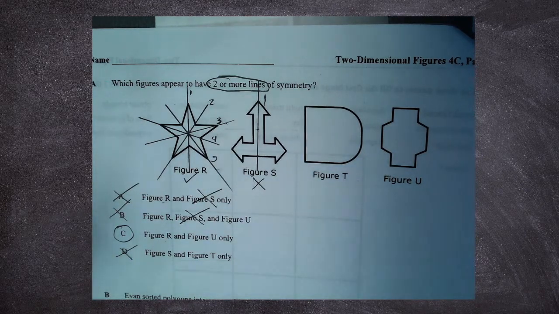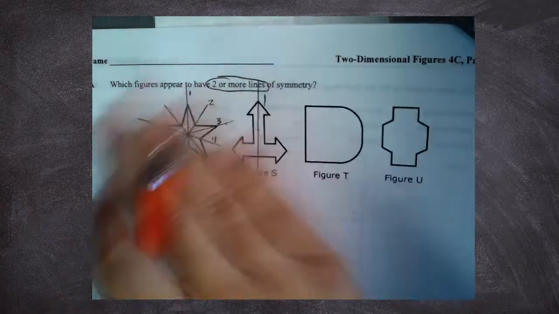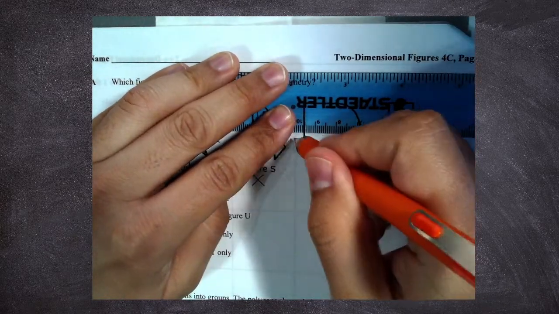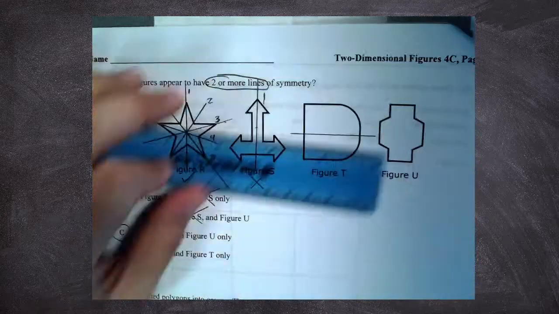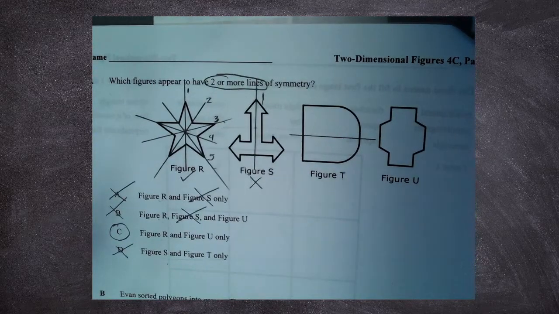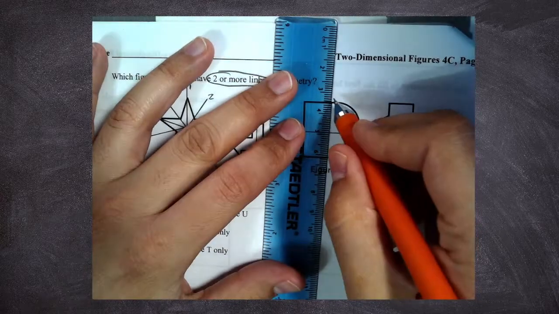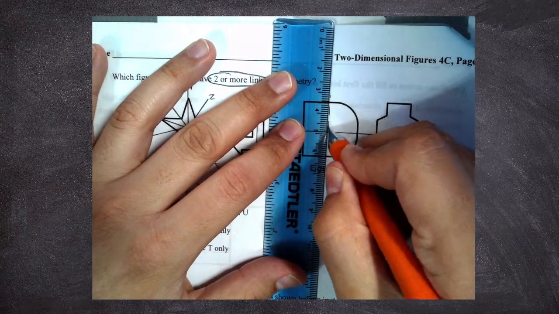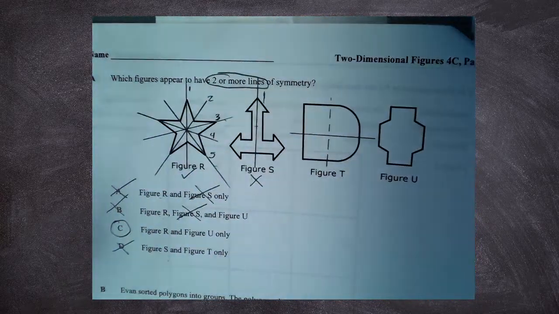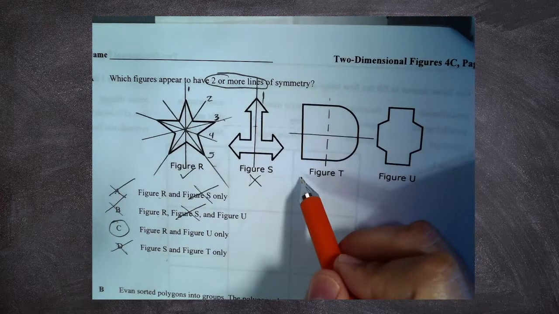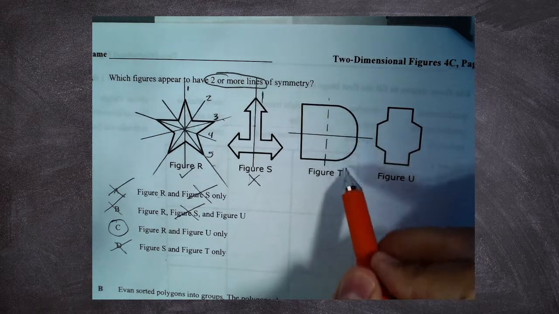But figure D, I'd have one line of symmetry, because if I folded that shape, I'd have two equal sides. But I can't fold my shape this way, because one side is flat and the other side is round.